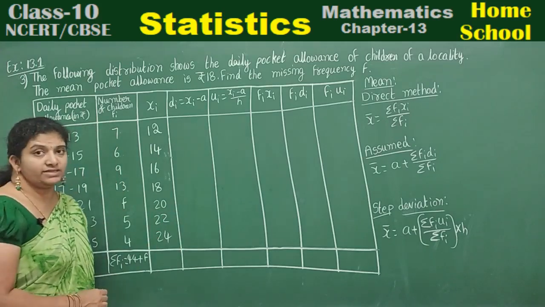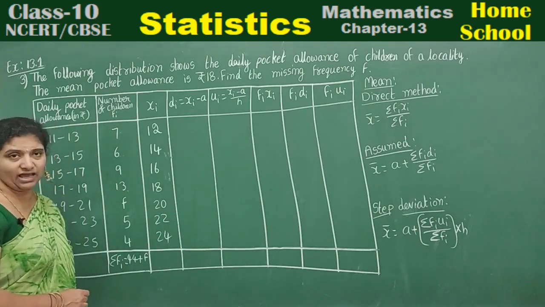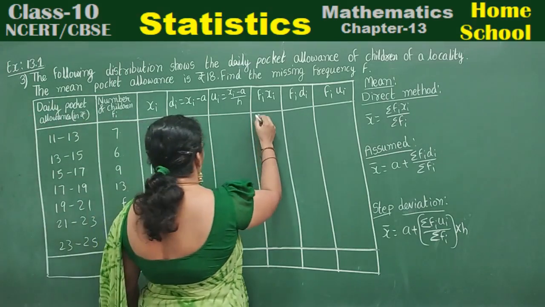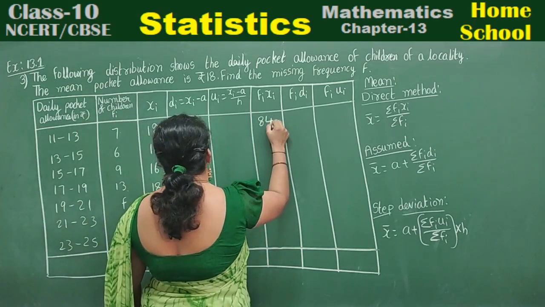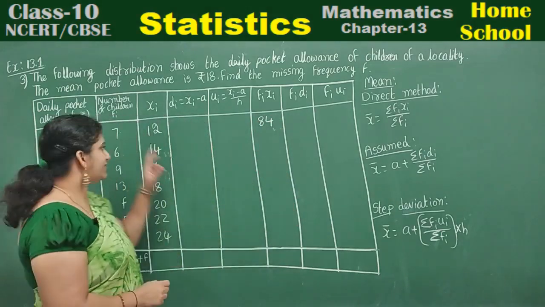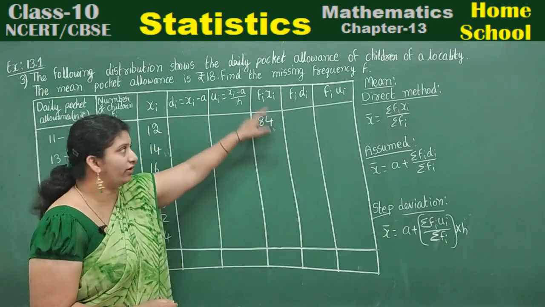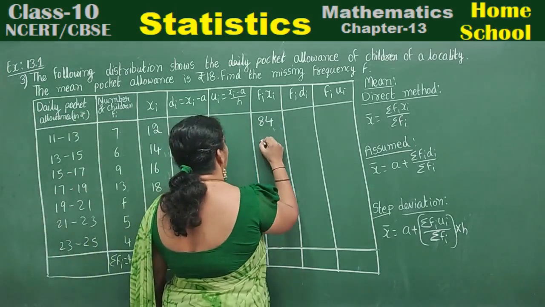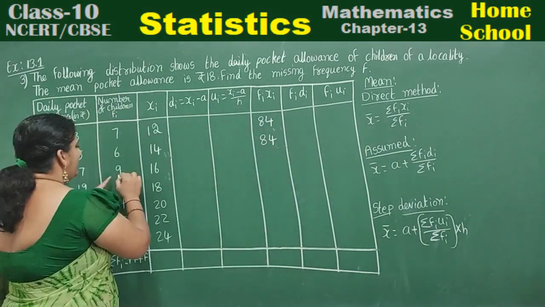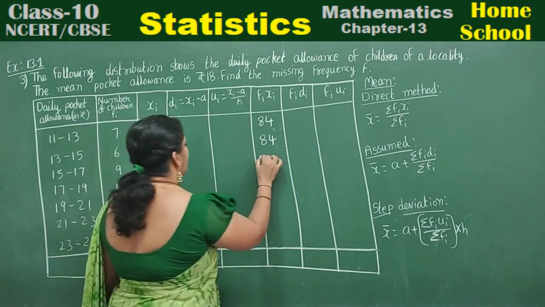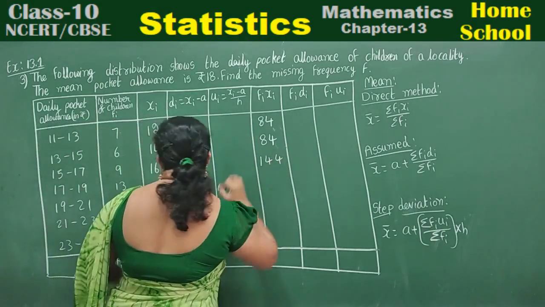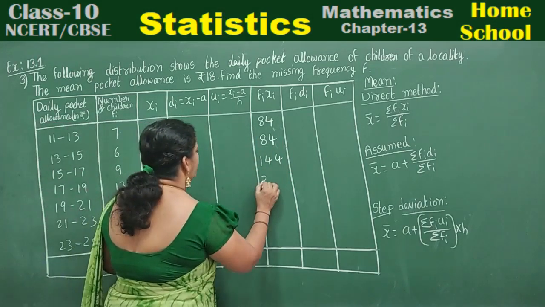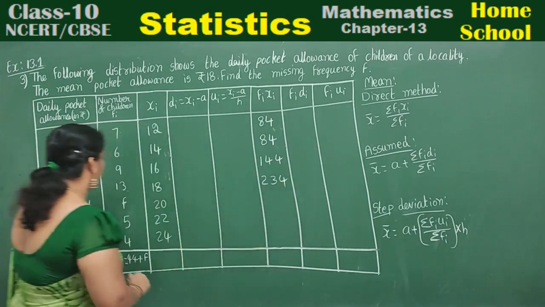We got scores. Now Fi Xi. Multiply. 7 12s are how much? 84. Yes, 7 12s are 84. Write in this column. 6 14s are 84. 9 16s are 144. 13 18s will be 234.